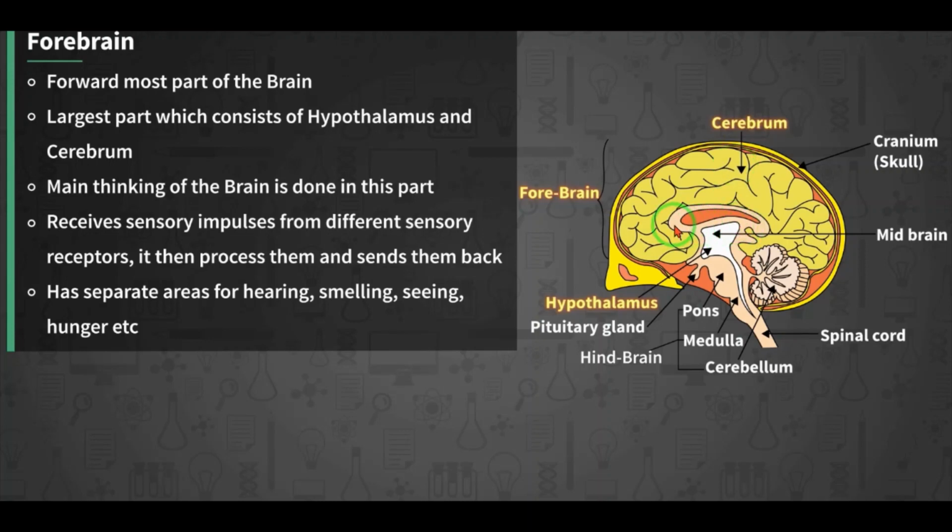This region is the thalamus region. Then what are the areas present? The cerebral cortex is the outermost layer. Then the inner layer is the cerebral medulla. In between, inside the middle area, one thick band is present, that is the corpus callosum.